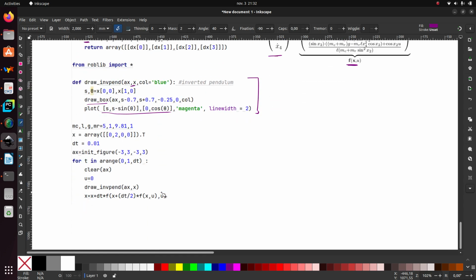For the simulation, I initialize my parameters and the initial value for the state vector. Here is the sampling time, my figure, my loop, and here the Runge-Kutta method. So from f, I am able to compute x at time t plus dt, if I know x at time t.